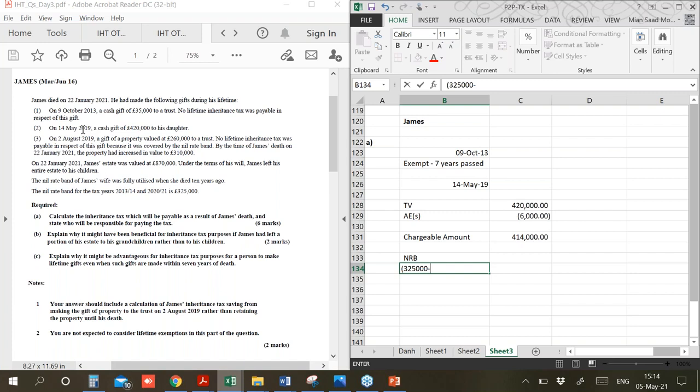So we are calculating nil rate band for a lifetime transfer. So we will check back from the date of transfer. Is there any transfer that has been made before 7 years? I can see that there is one, this 35,000. So this would have used the nil rate band.